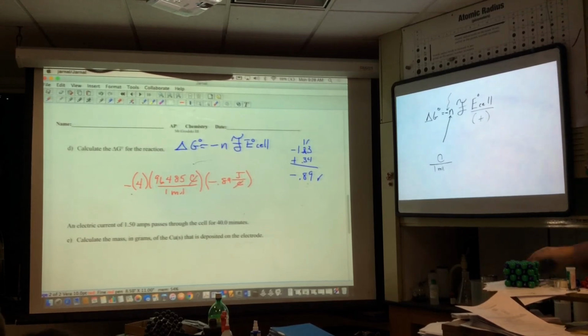And you put this in your handy-dandy calculator. And you're going to see that, guys, this is not hard. Why don't you use moles for n? Oh, no, n just means the balanced moles of electrons in the half reaction. So negative 4 times 96,485.